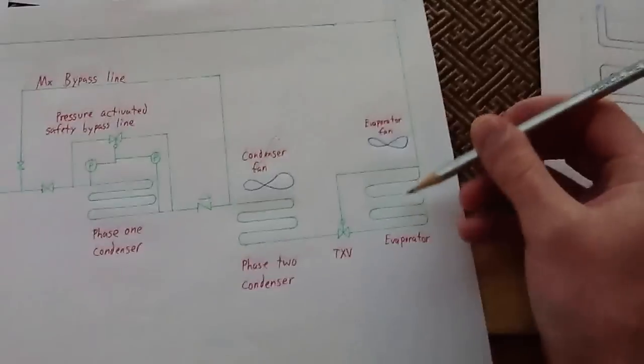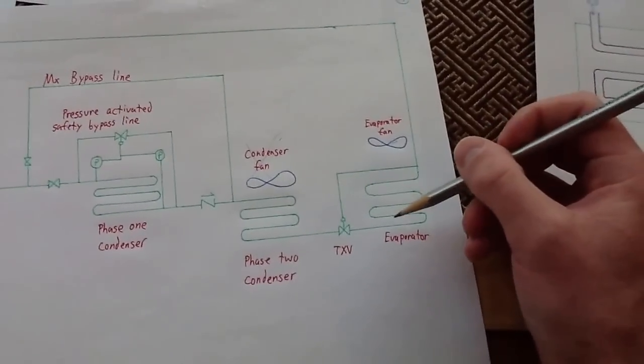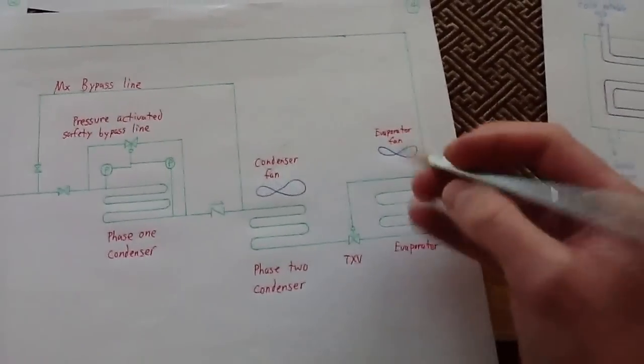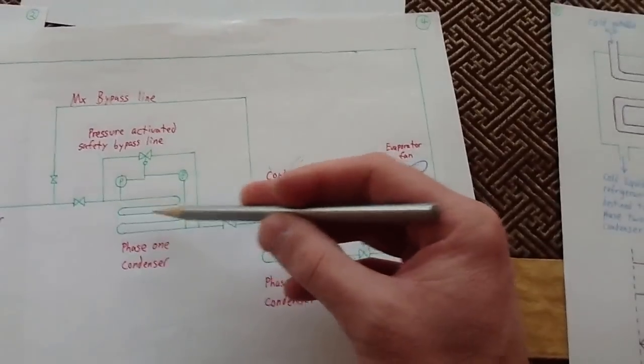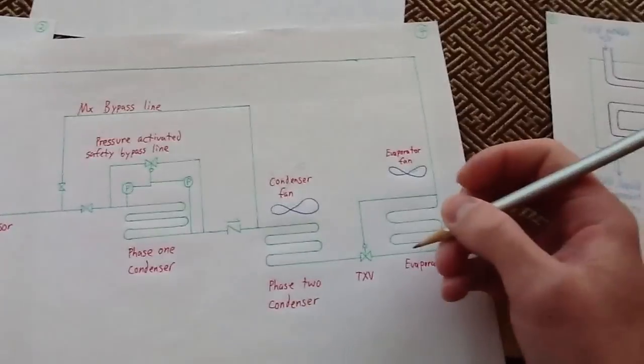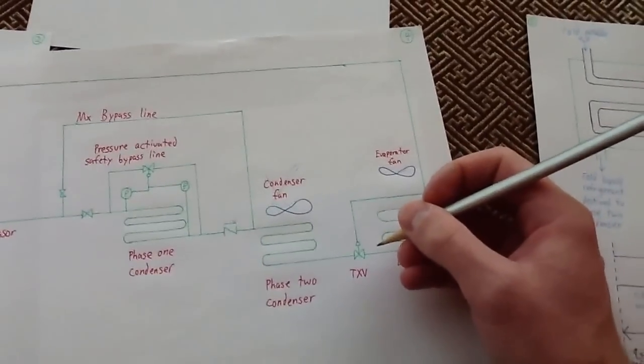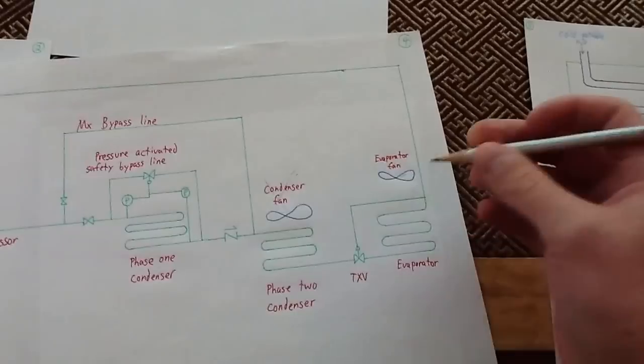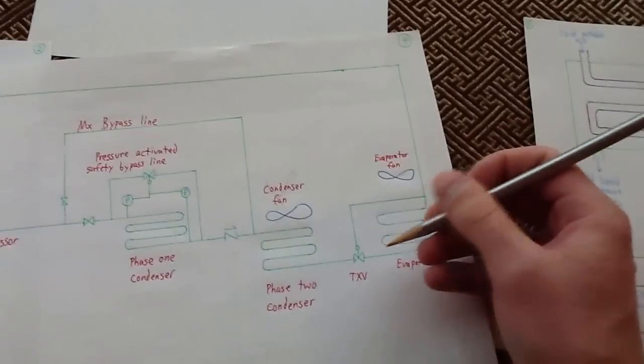Now, in the thermal expansion valve and into the evaporator, in an ordinary system you're going to have, for the most part, just a latent heat transfer. But because you've cooled the refrigerant to a further degree, you now have a greater degree of subcooling, so you're going to have a greater total quantity of heat exchange available.